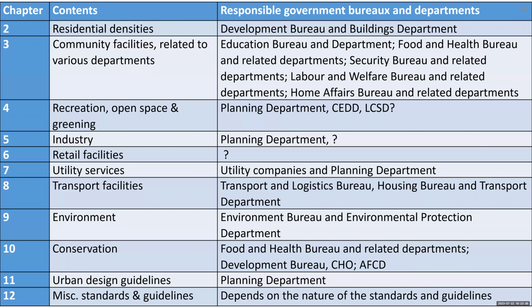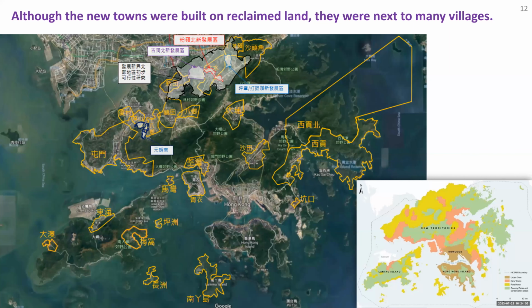It's more like, remember when they first built the new towns, they needed to go to different bureaus and departments asking for planning standards, whether it's about residential density, community facilities, open spaces, or more related to economic, transport, environmental or even conservation and urban design aspects.